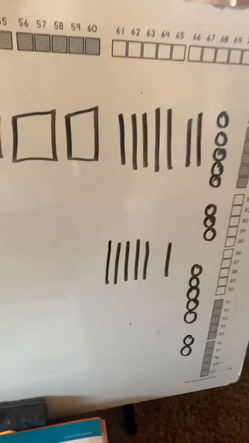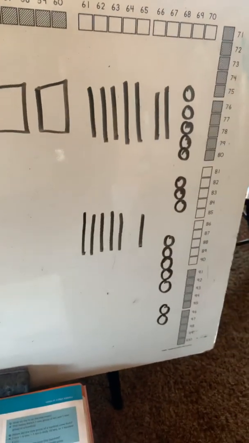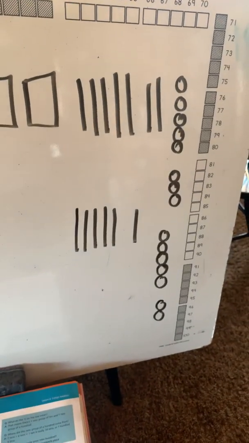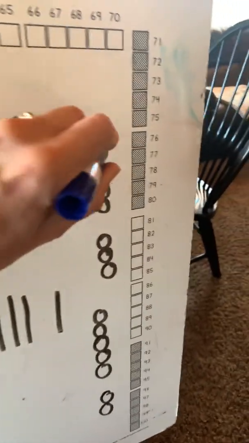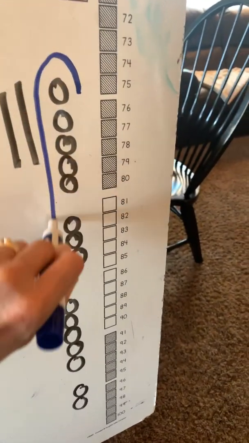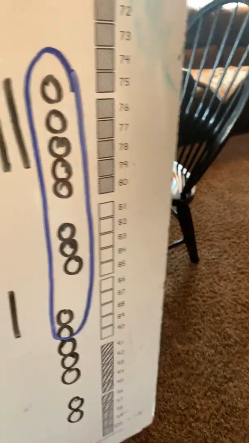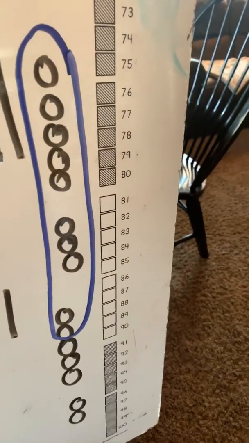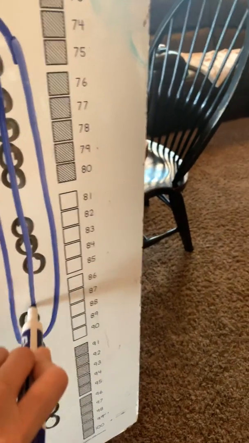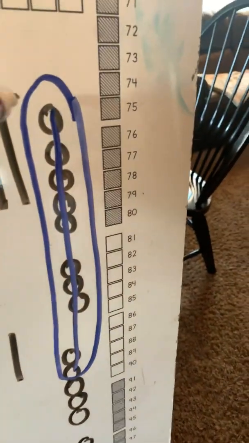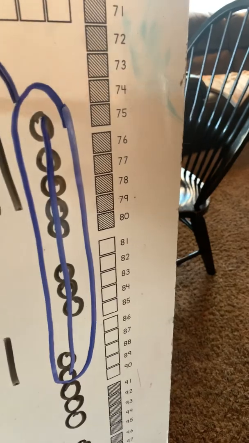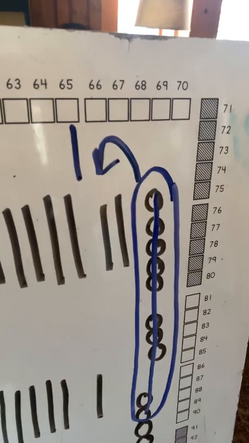Does everyone see that? So now the first thing I'm going to always ask myself is, do I need to make a new 10? Start in the ones, and you see here I have 8 plus what makes a 10? You got it. 8 plus 2 makes a new 10, and I can just put a line through that because that shows we have a new 10 stick. We just added a new 10.